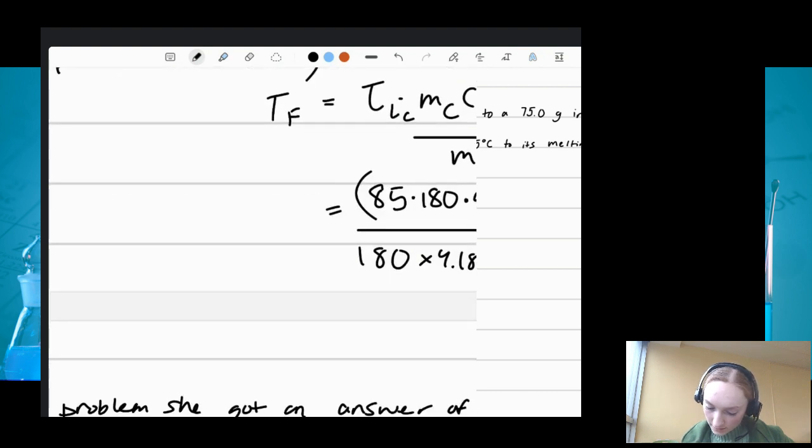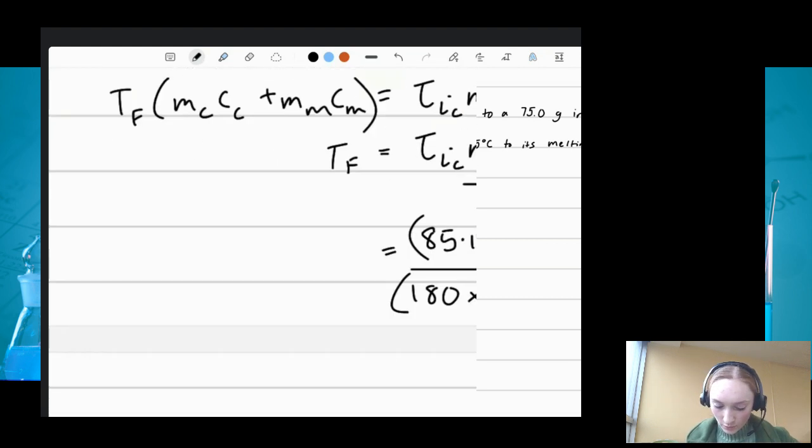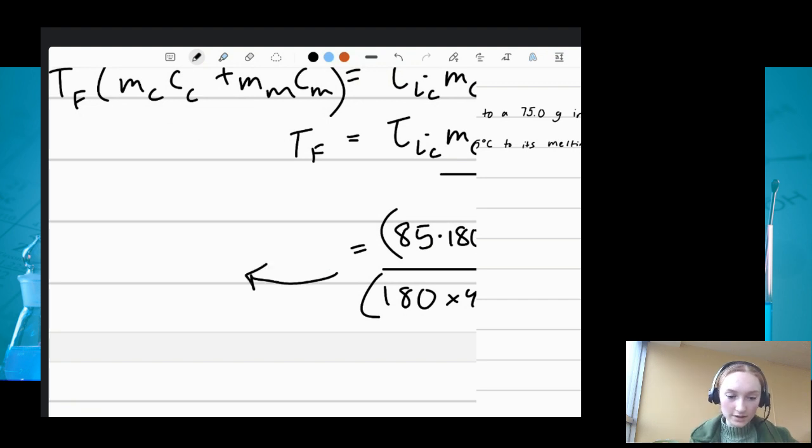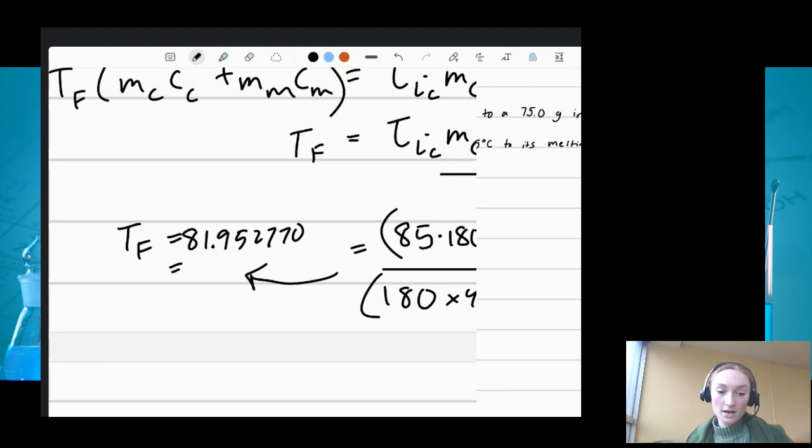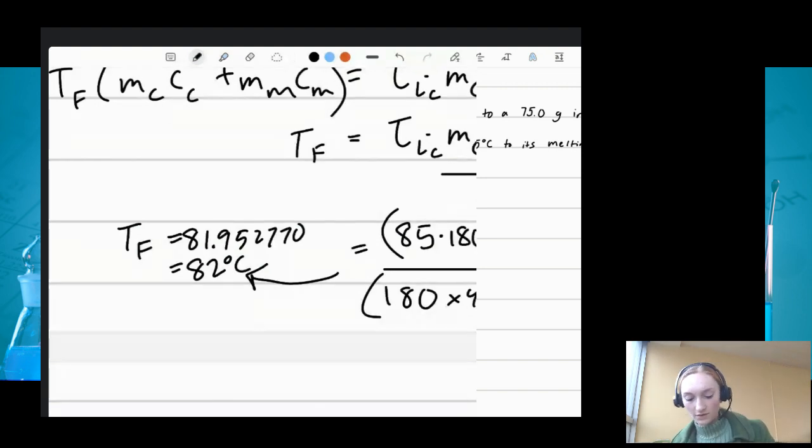There we go, it's 45 times 0.88. Okay, that was a lot of work, but that's okay. And we'll move this over to here. I already worked this out earlier, and so the final value will be TF equal to 81.952770, but we can round that. Because we're working with two significant figures, this will be a final answer of 82 degrees. So that's what you should get at the end of all of that.